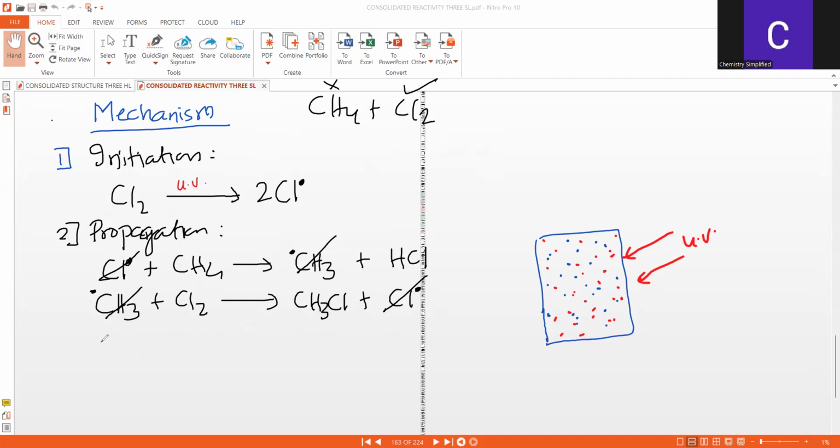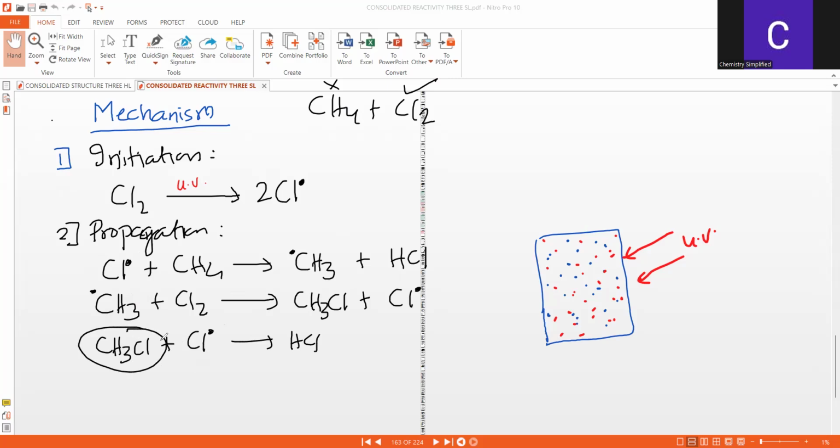Now the second hydrogen will be substituted. The chlorine free radical here will attack this now. Take one hydrogen, like the previous case, HCl.